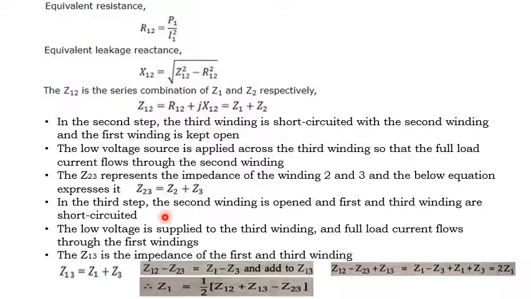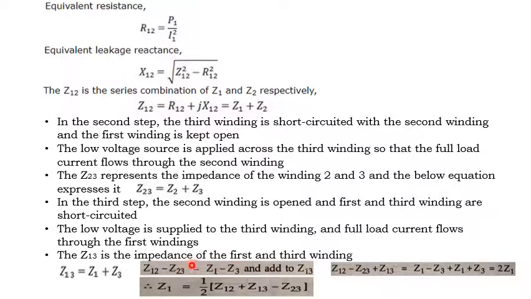So here you have three equations. First consider Z12 minus Z23. If these two are subtracted, Z2 and Z2 get cancelled, then you will get Z1 minus Z3.